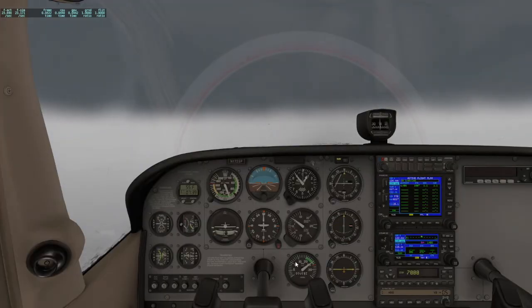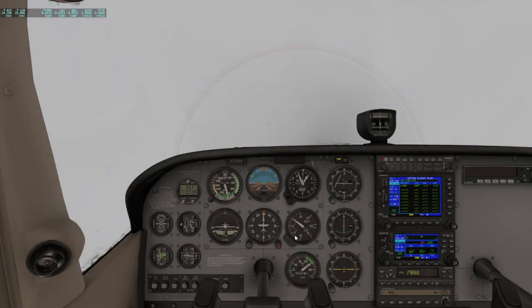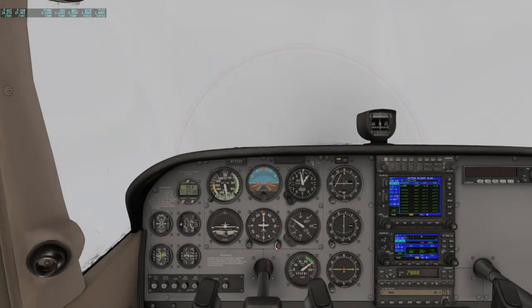Okay, now we're almost reaching 1,000 feet. We're not looking outside, disregarding all these illusions. And now I'm going to turn south.